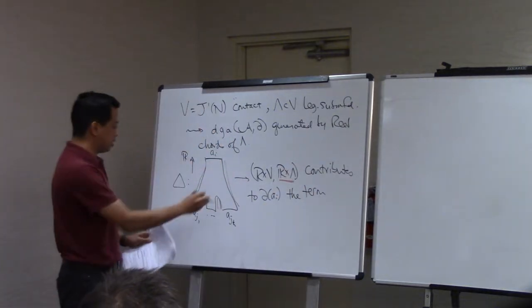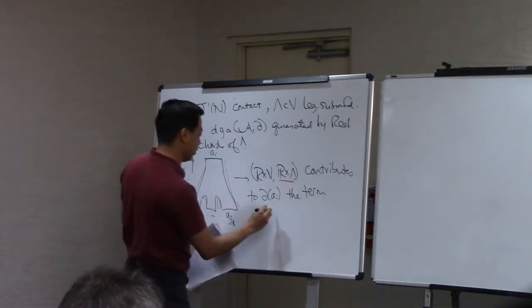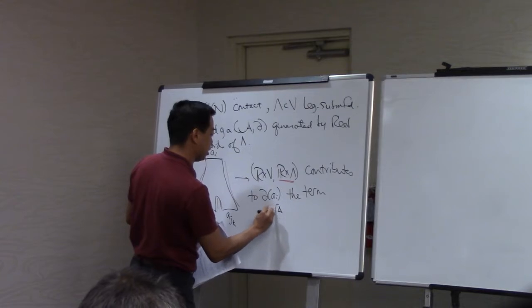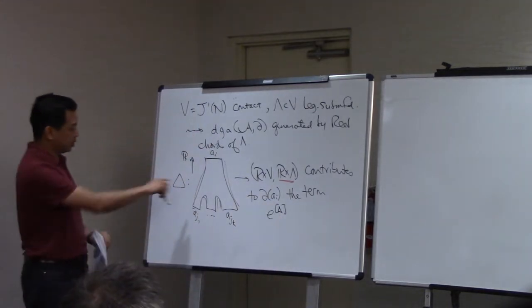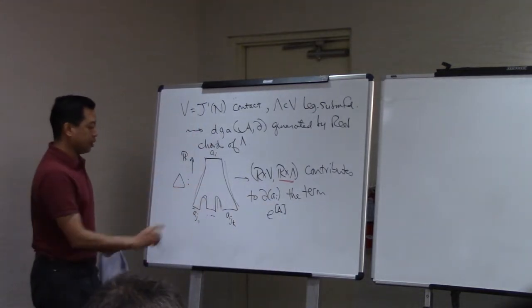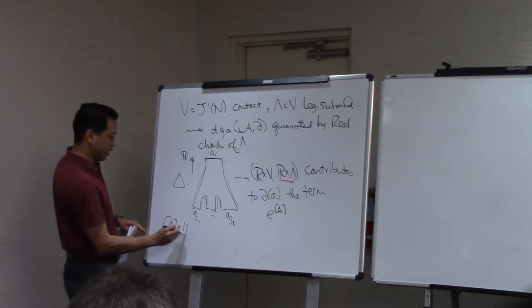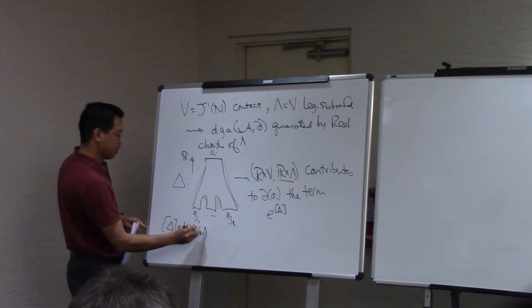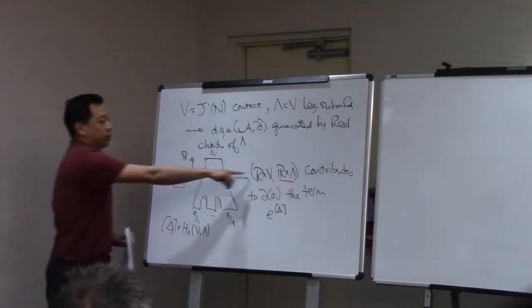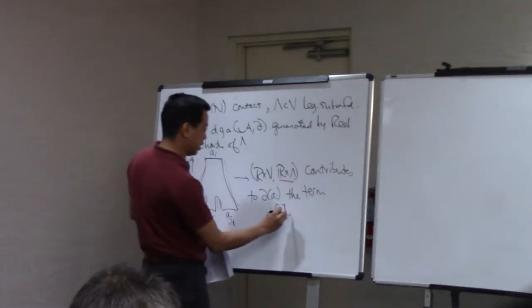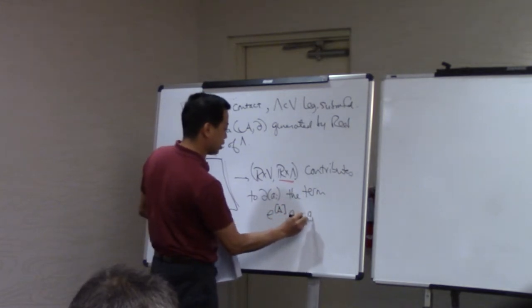There's a plus or minus that I want to ignore, but the key things are the homology class of this disk. We think of this as inside of relative H2 of V relative to lambda. So just project out the R direction, and then the product of the Reeb chords at the bottom.